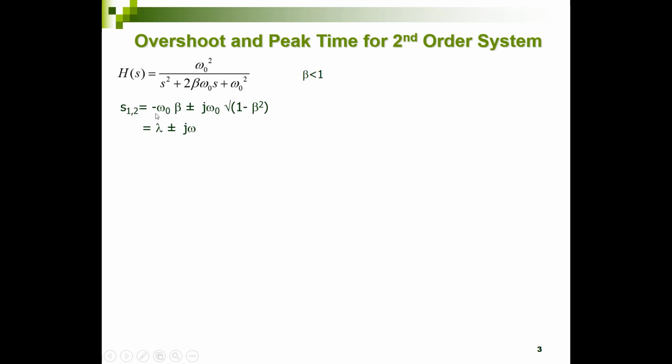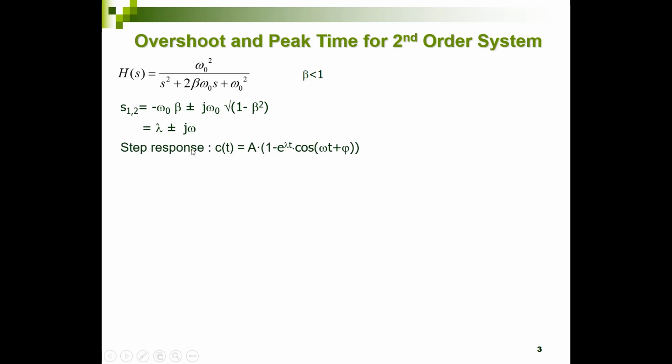And that is a complex number in which this is lambda, which is the absolute value of the damping and the real part of the pole, plus j times omega. And this omega is the damped angular frequency and it's the imaginary part of the pole.